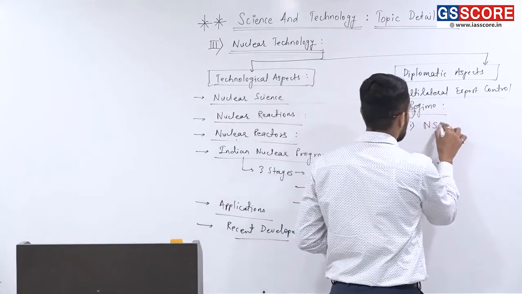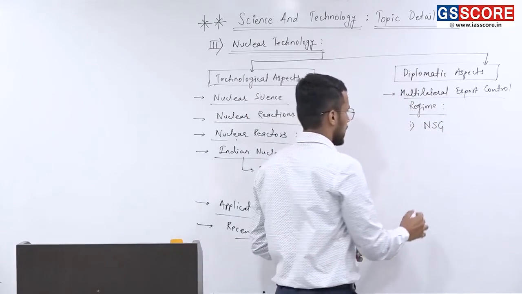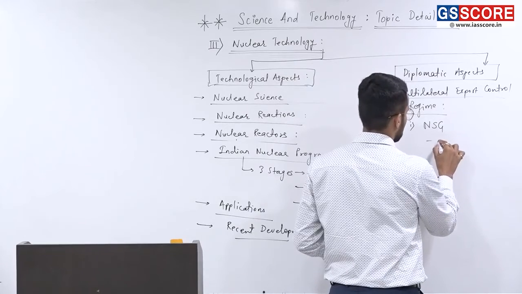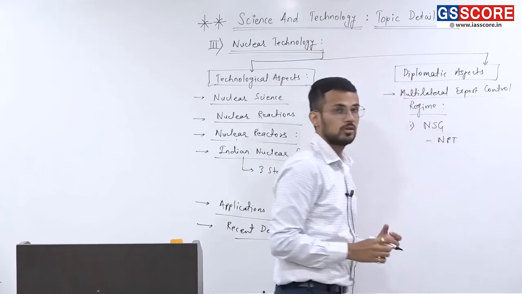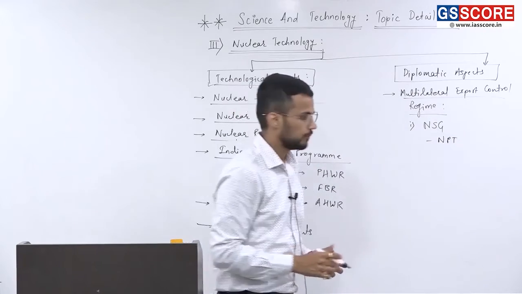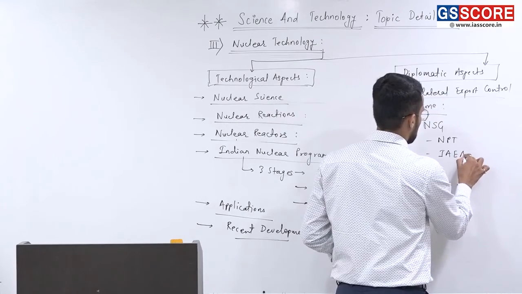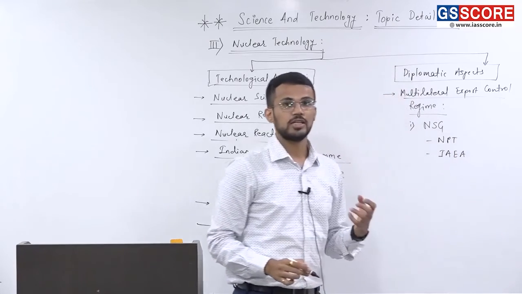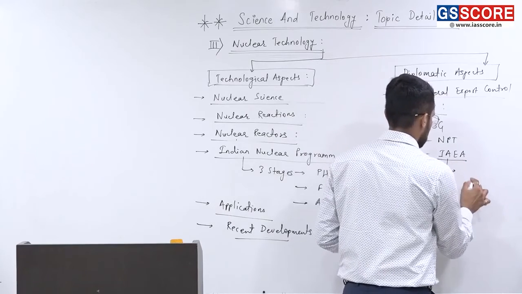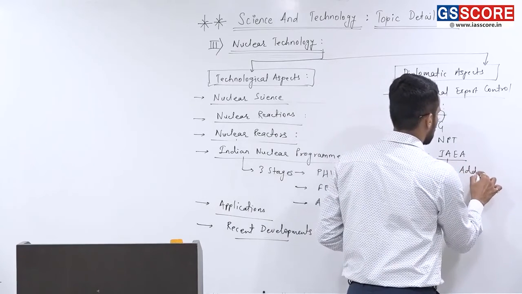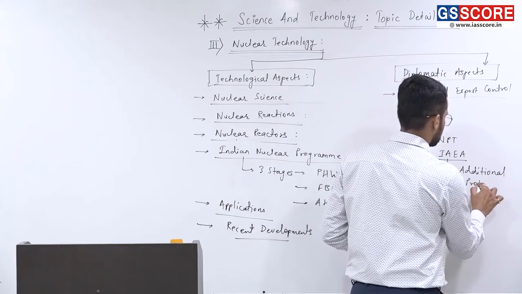First is NSG, Nuclear Suppliers Group. As a part of NSG, one must be aware of NPT, Nuclear Non-Proliferation Treaty. One must be aware of IAEA, International Atomic Energy Agency. Then as a part of IAEA, one must be aware of the additional protocol related to India.